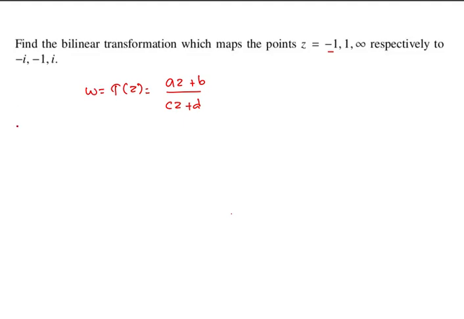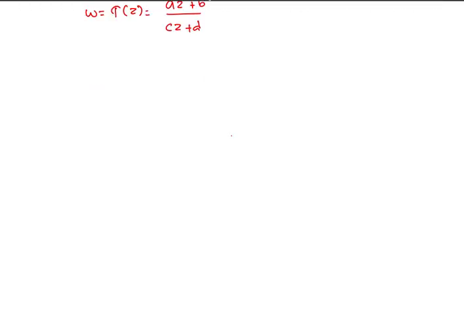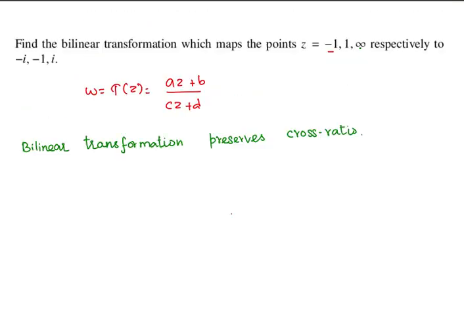We know the result: any bilinear transformation preserves cross ratio. So we are going to use that result only.